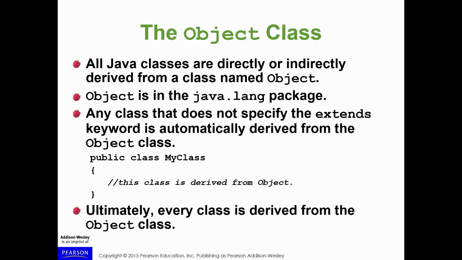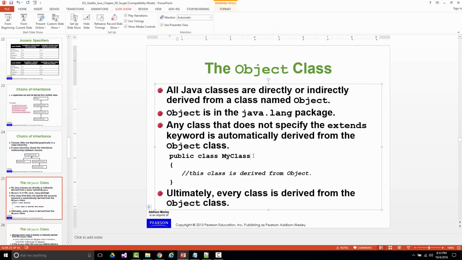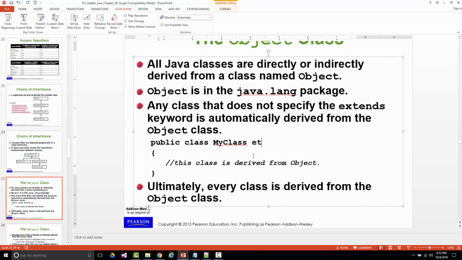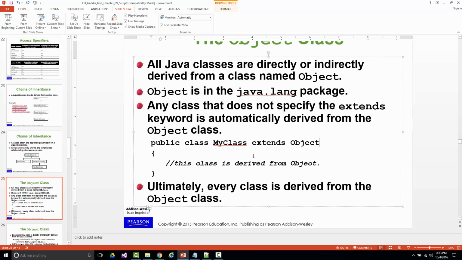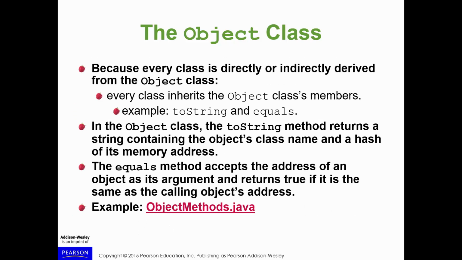So here if we say public class MyClass, we wouldn't typically say this, but it's the same thing as saying it extends Object. Now again, would you say that? No, I can't think of a time you would ever say that, but that's actually what happens. Because as mentioned on the bottom there, ultimately every class is derived from the Object class.